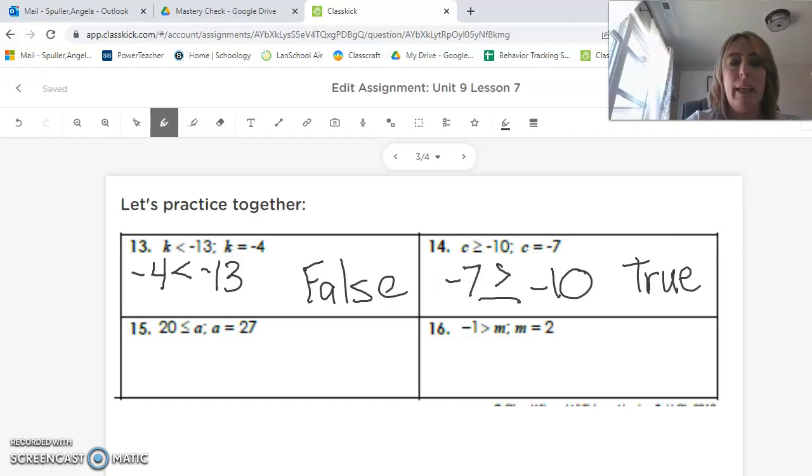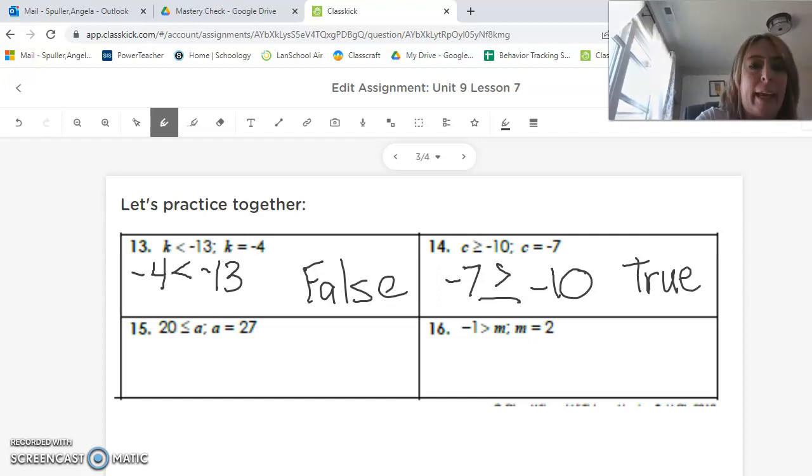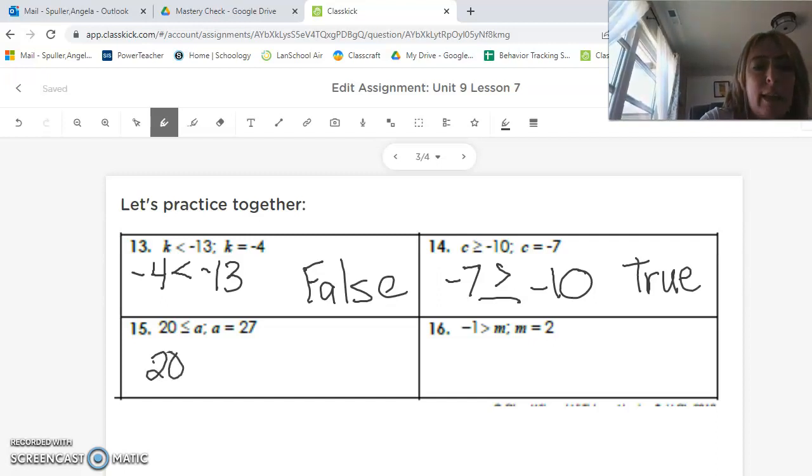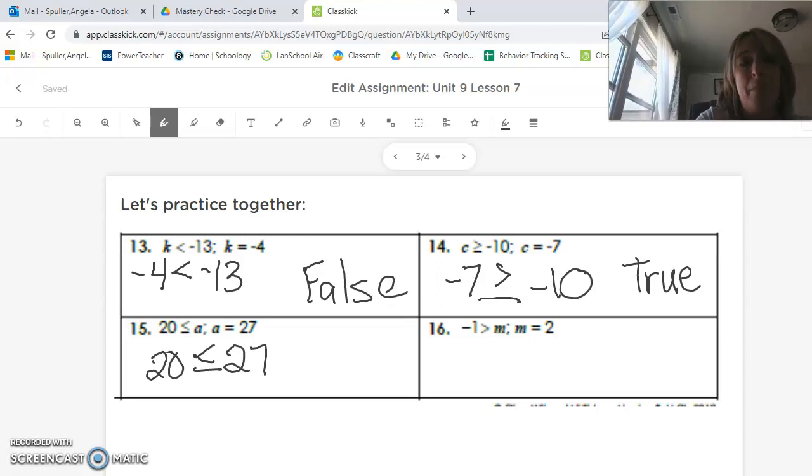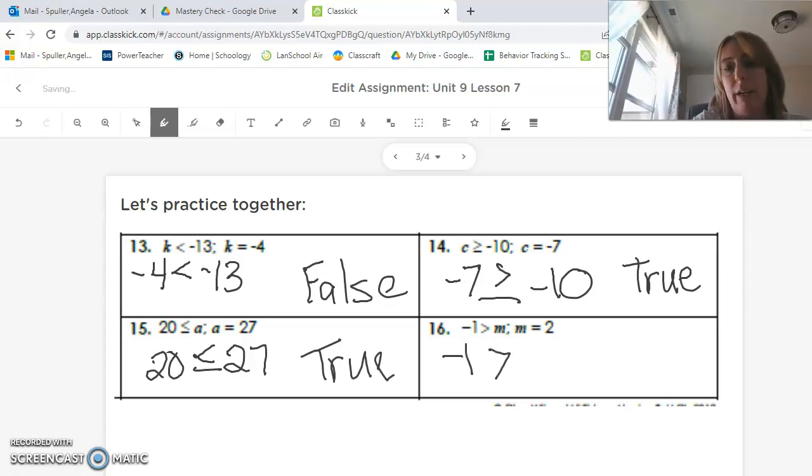All right, 20 is less than or equal to A. If A is equal to 27, is 20 less? Yep. So this is true. Here we go. Negative 1 is greater than M. They say M is equal to 2. Well, we know a negative number is never greater than a positive number, so this is false.